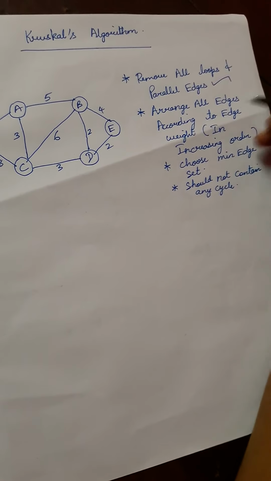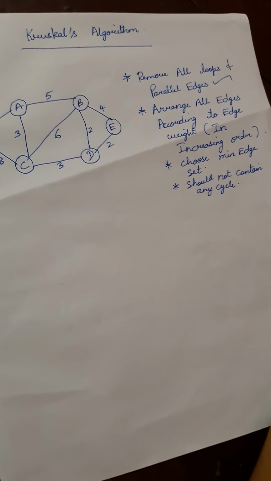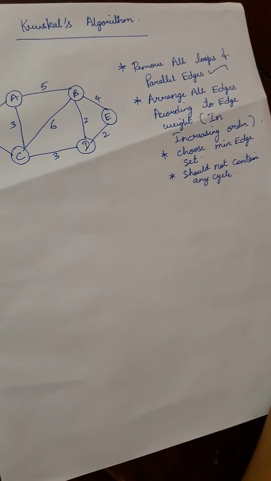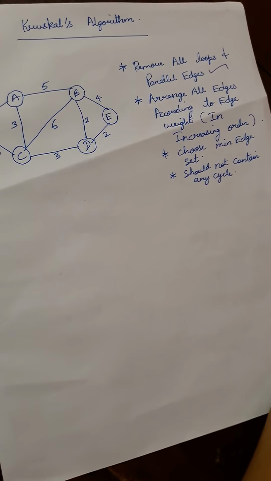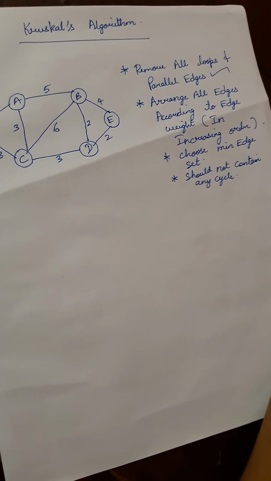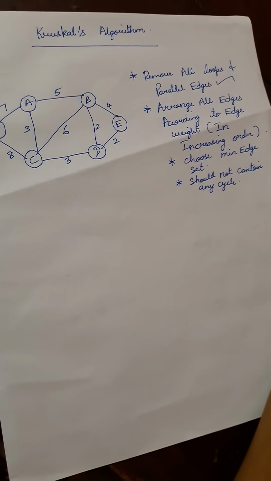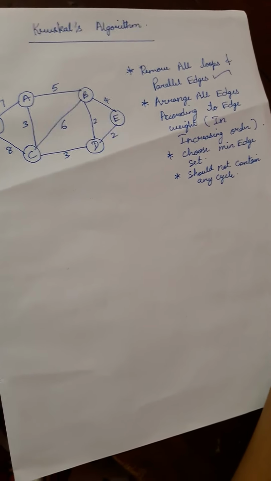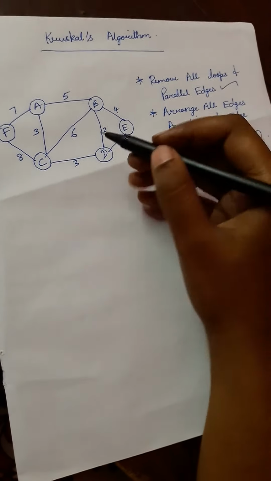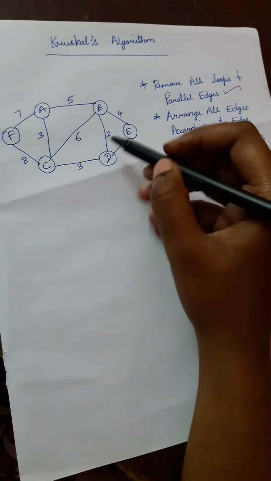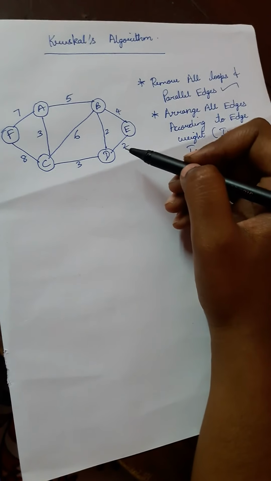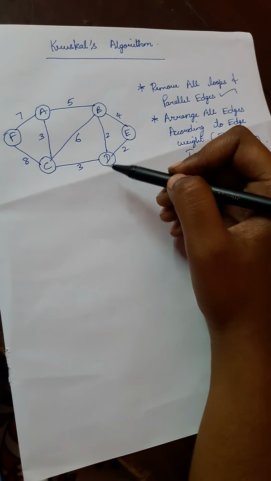The second condition is to arrange all the edges according to the edge weight in increasing order. So we have to arrange the edges based on increasing order only. That means we look for which edge in this graph has the minimum weight.